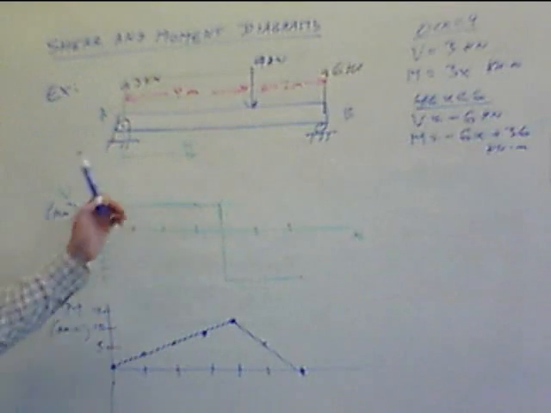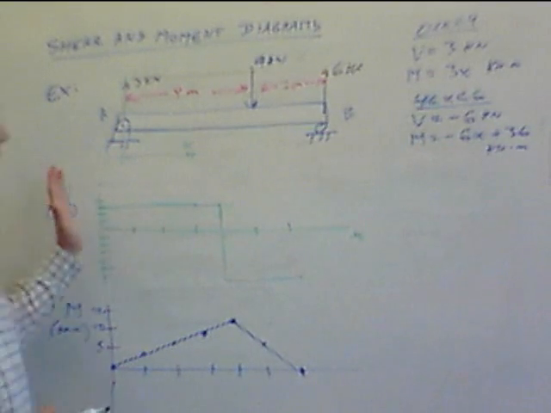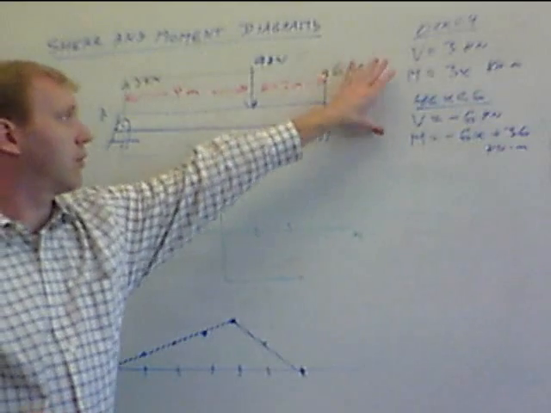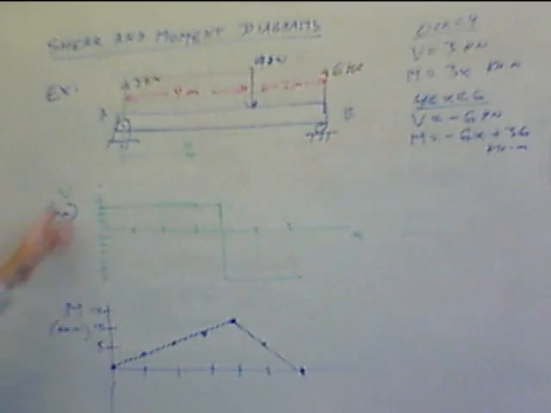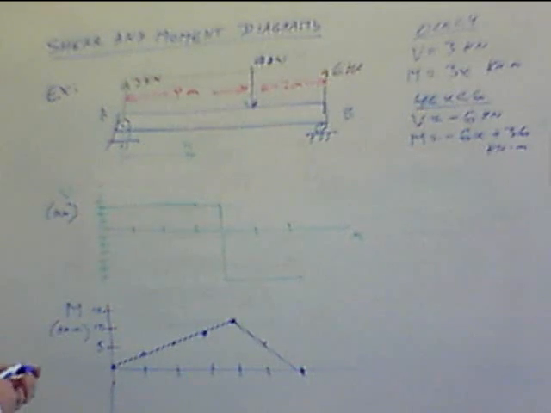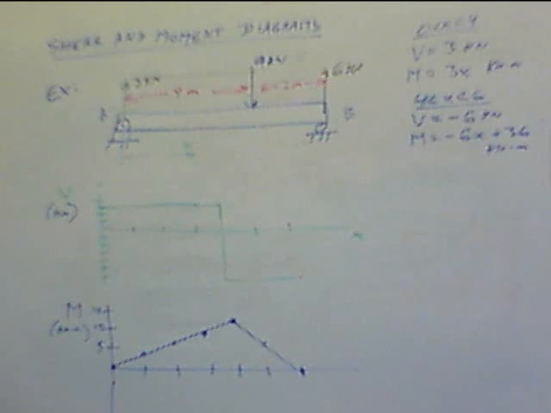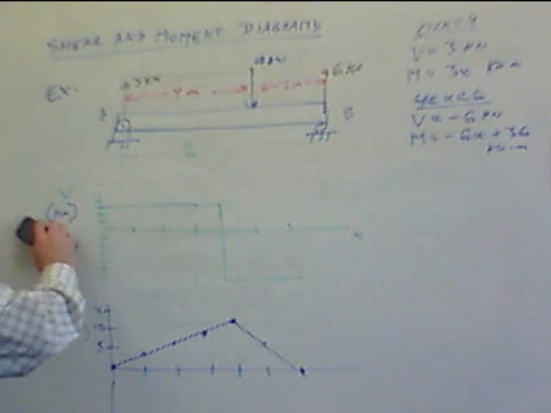Okay, so this is a simple problem here. Simple shear and moment, where we're just simply coming up with an expression, an equation, and then a graph of the internal shear and moment in this beam over its length. The one other thing we can run into here is when we have a shear moment diagram involving a distributed load.